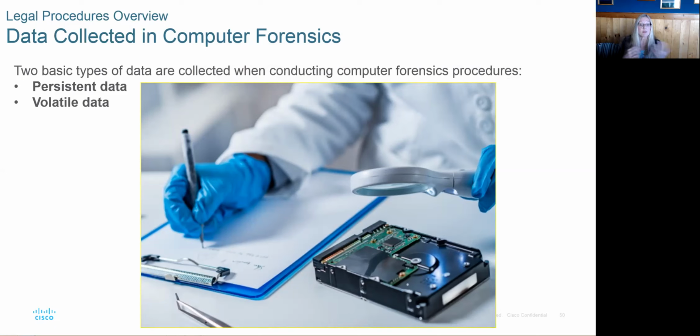And data in transit between storage medium and the CPU is also volatile data. So if you're reporting illegal activity or you're part of an incident response team, it's important to know how to capture this data because it disappears as soon as the computer is turned off. And then all of a sudden, oh, it's gone.